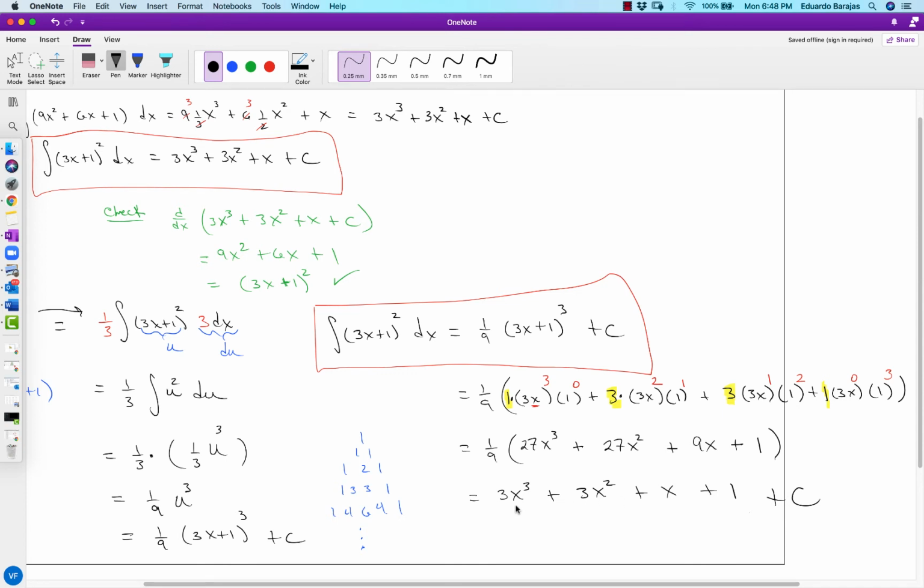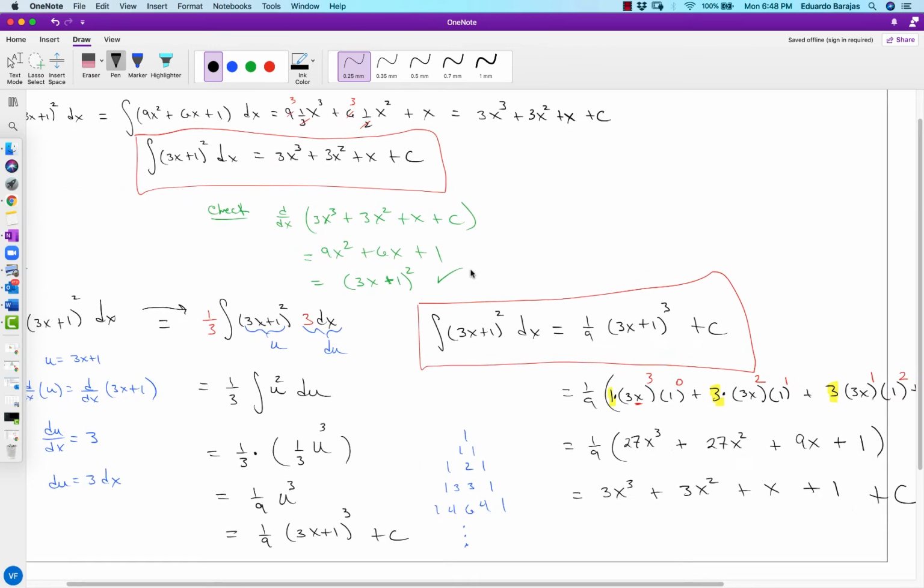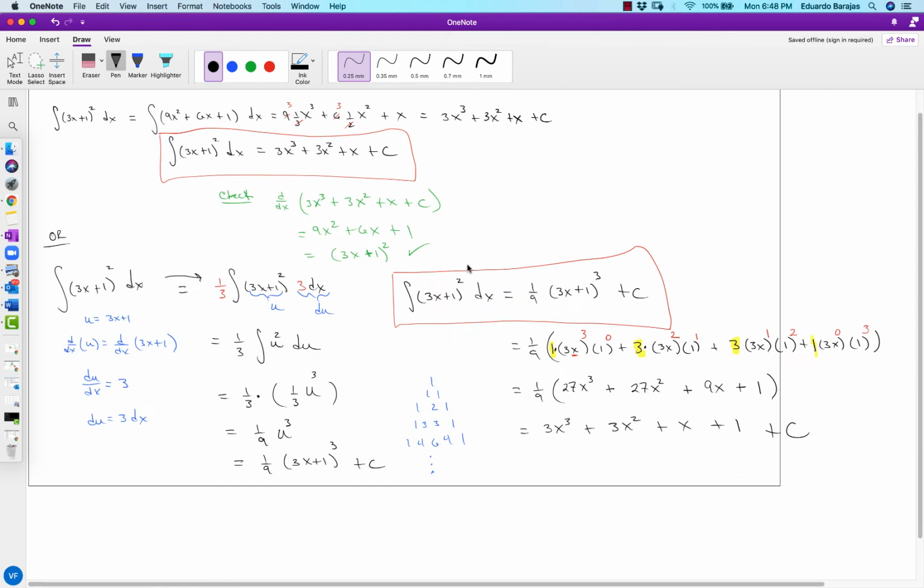Point being that the derivative of this function is going to be equal to this function. Just like we saw before, it doesn't matter what that constant is. The derivative of that constant is going to disappear. Okay, so we've confirmed that we have 2 ways of finding this answer.